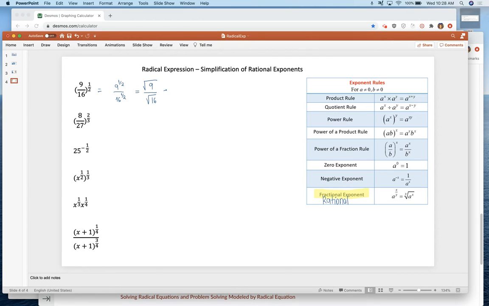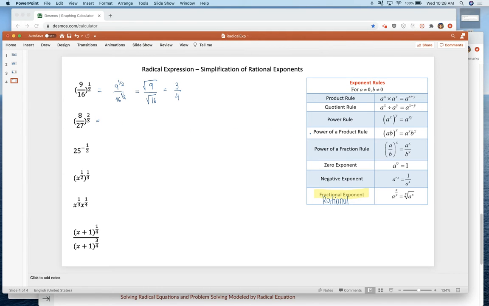So if I extract the square root of 9, I get 3, and the square root of 16 is 4. So I evaluate this expression and I see that the value is 3/4, the most reduced form.